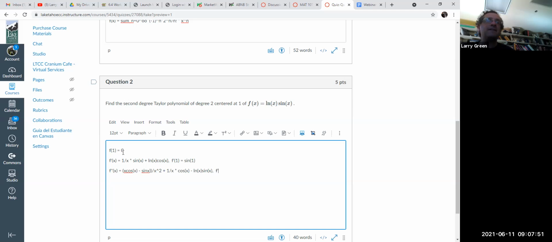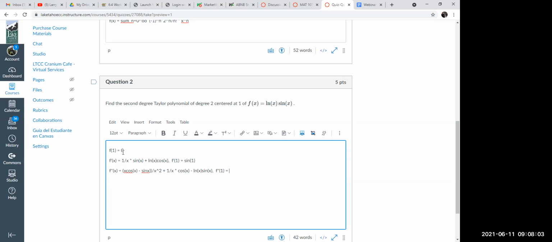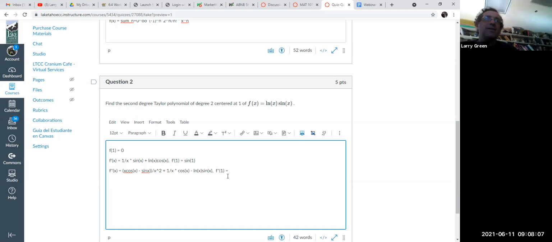So f double prime of 1, we got to plug in 1, is what? It's not too bad, actually. I have 2 cosine of 1 minus sine of 1. I don't know if that's right, though, so let's take a look. So we now have a 1. So we have x.